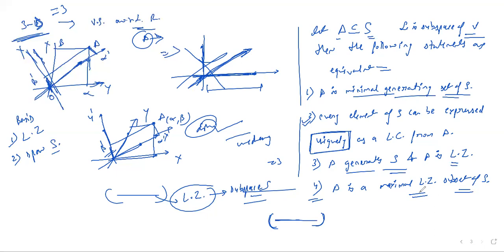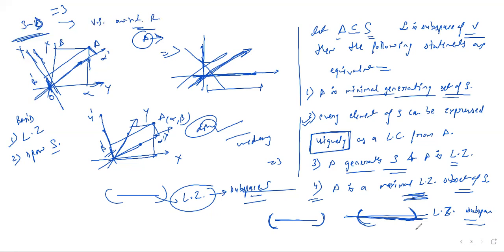What does it say? If I say that A is a maximal linearly independent subset of S, it means that I have to consider all the linearly independent vectors in the subspace S for generating the whole subspace S, because the linearly dependent vectors would also be linear combinations of these vectors.